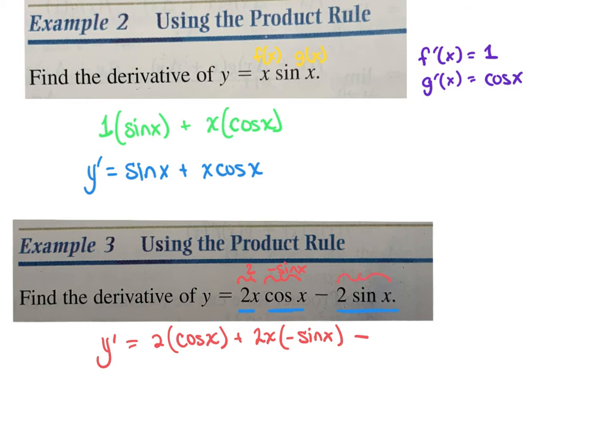Well, that's just going to be 2 times the derivative of sine, which is just cosine. So I have 2 cosine x minus 2 cosine x. Those cancel. And then I have 2x times negative sine x. So I'm just going to pull that negative out in front: negative 2x sine x. That is my derivative here.